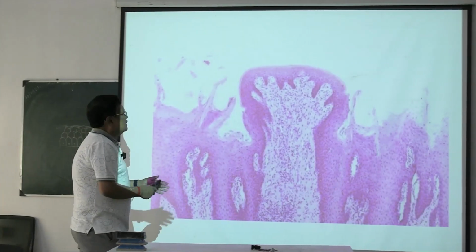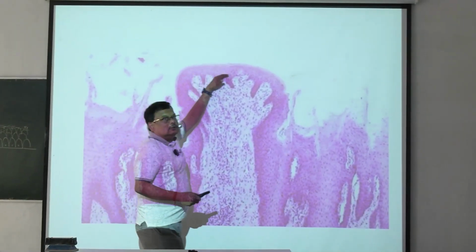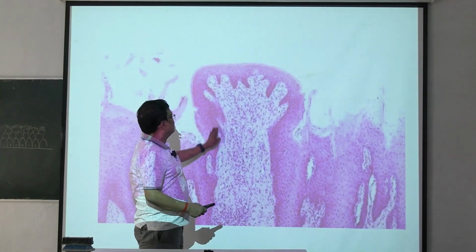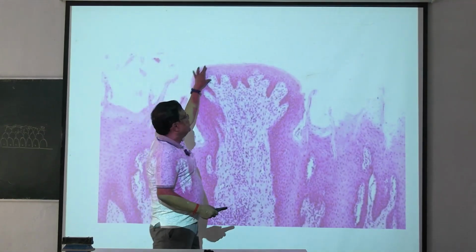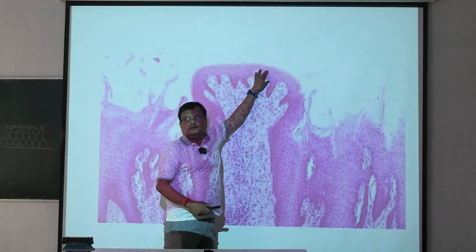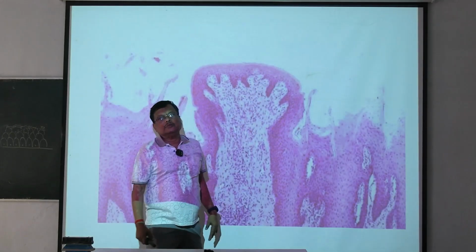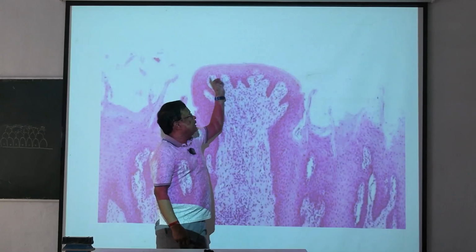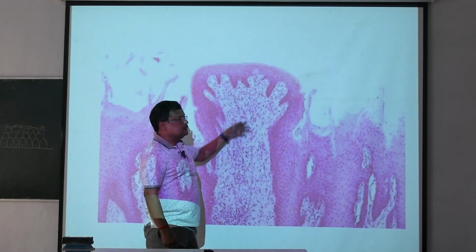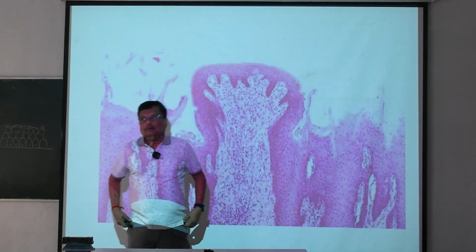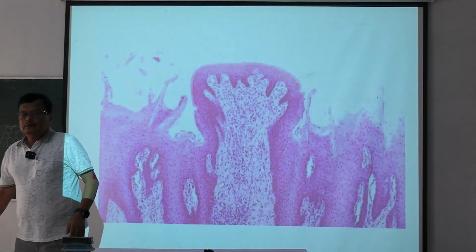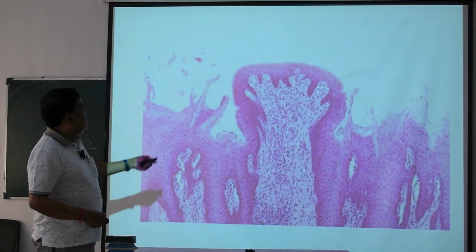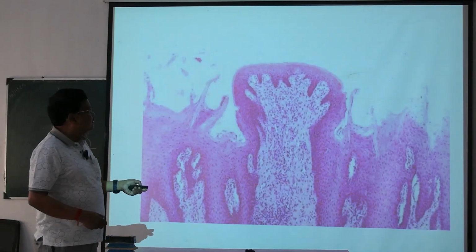They all look like a mushroom. And this band is indicating stratified squamous non-keratinized epithelium. Look at this band, train on this band, and it is the connective tissue. Okay? I will come back to it later. So this is the type of fungiform papillae.